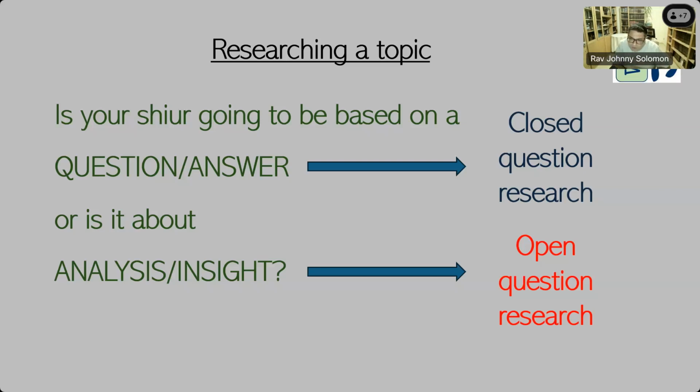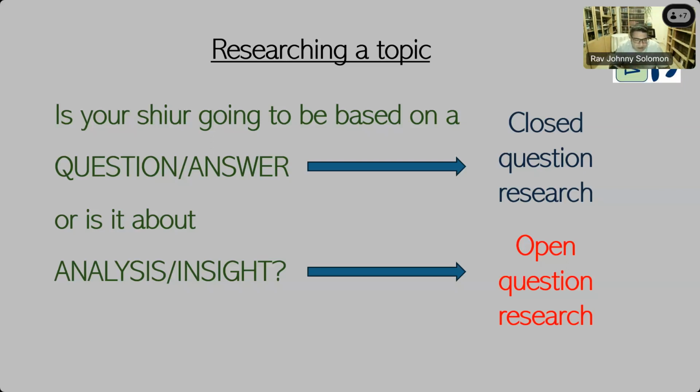Some call that closed question research because you're looking within a certain limited range of topics, because you're interested in addressing a particular question and you're perhaps looking for one or a range of answers. In contrast, when you're giving a shiur about analysis or insight, it could be analysis of a particular biblical text or rabbinic text or a piece of liturgy, a piece of prayer.